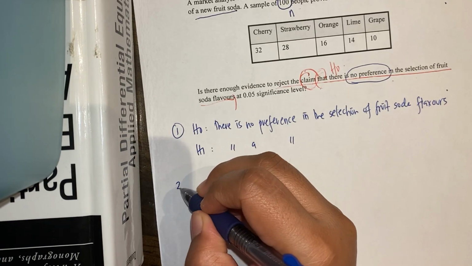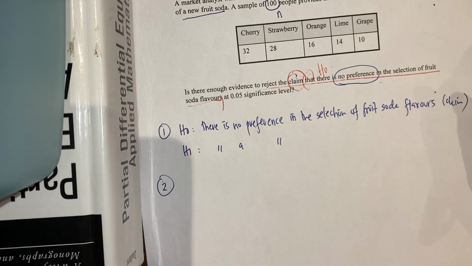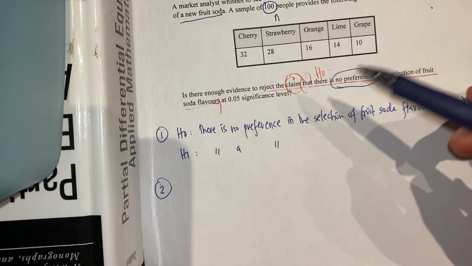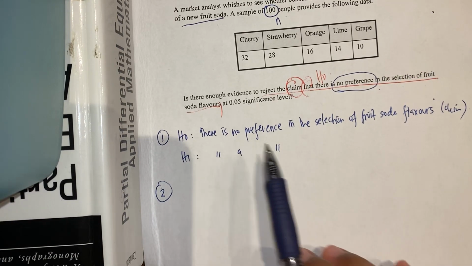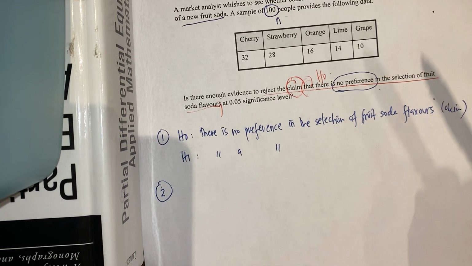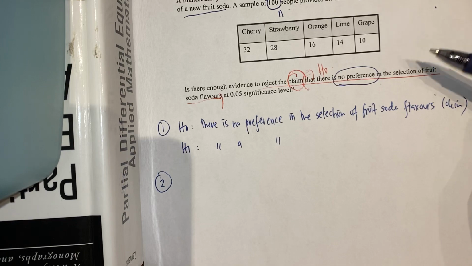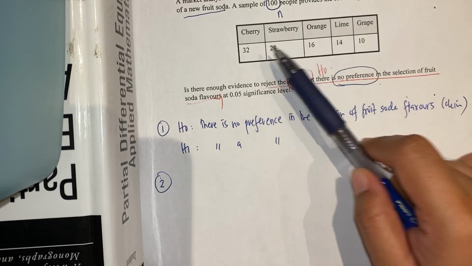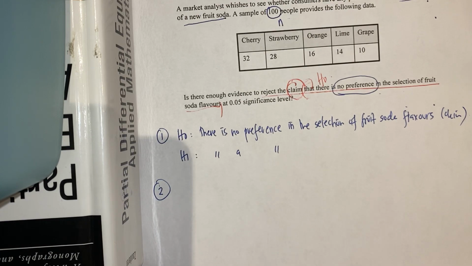Step 2, if you want to state the claim, the question could be there is no change or there is no difference in the selection of the fruit soda. No change or no difference means there is no preference to select the flavor here. So each flavor has a similar preference. That's what we mean here.